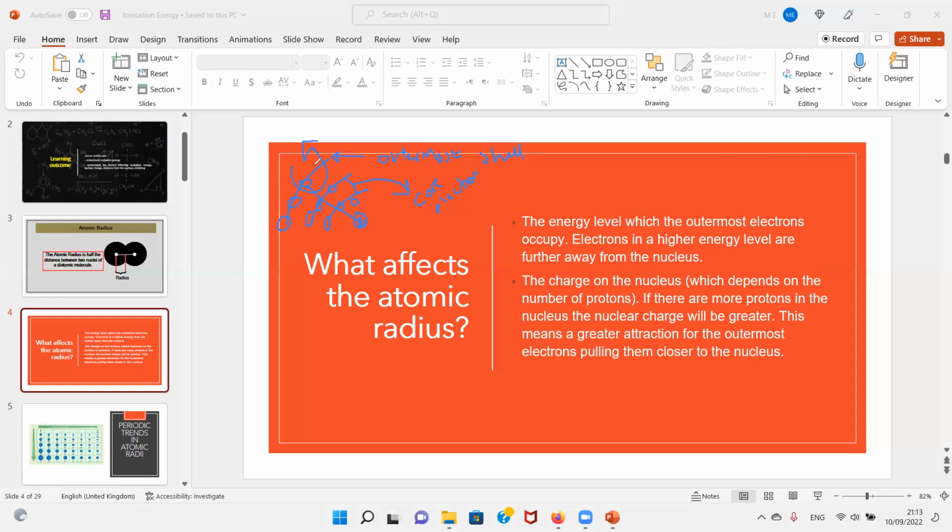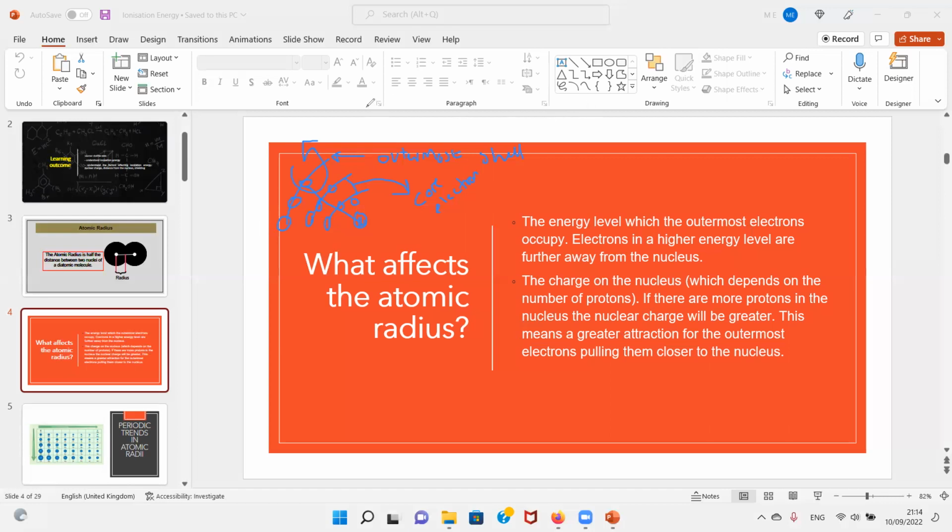So the ionization energy, again, is the energy required to remove an electron from the outermost shell. We will take a more specific definition as we go on, but for now, let's understand it this way. We're dealing with the valence electron, not the core electron.